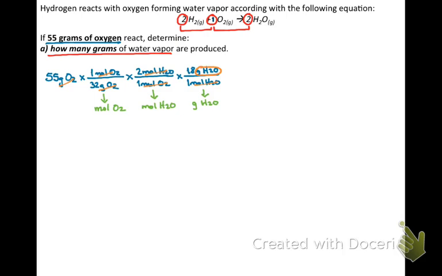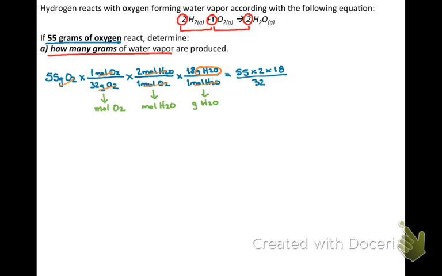If I cancel all the units and I just do the number calculations, that is 55 times 2 times 18 divided by 32.